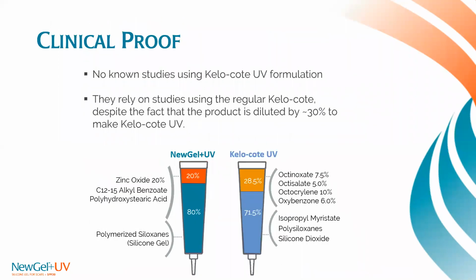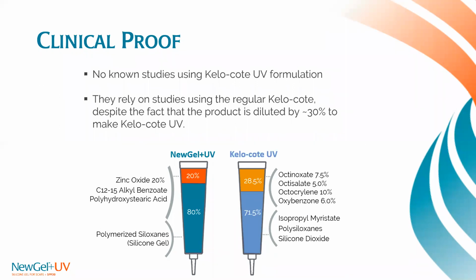It also goes back to, we know that silicone is what makes scars better. The sun protection is to prevent hyperpigmentation, but still we need that silicone to make the scars flatter, softer, reduce the discoloration, prevent hypertrophic and keloid scar formation. With NewGel plus UV, 80% of the formulation is silicone, 20% is our zinc oxide, and with Kelacoat UV, the amount of silicone is much diluted.